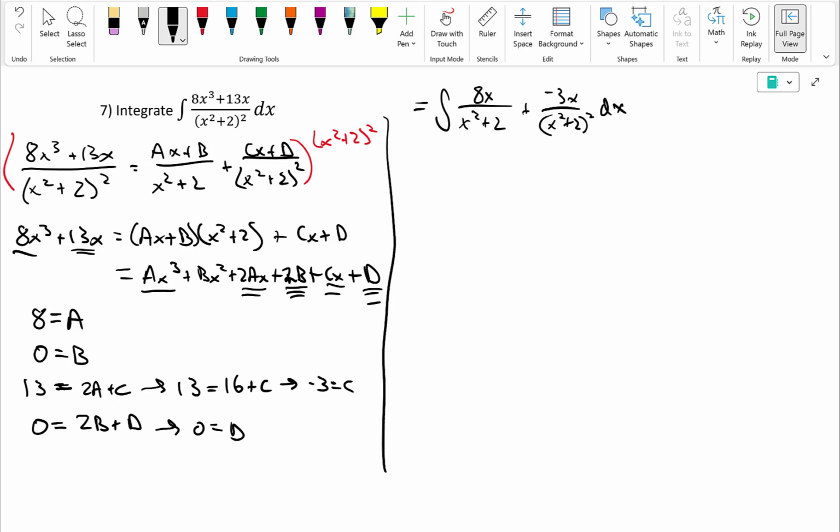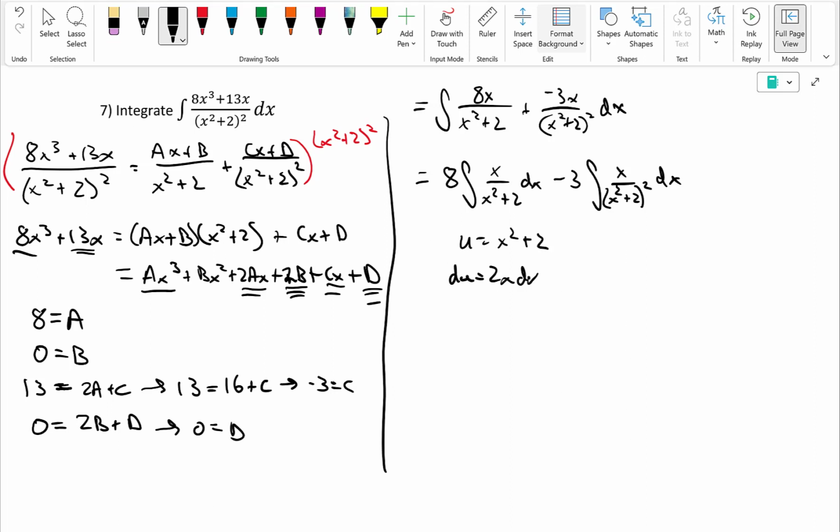All right, and just to make it easy, we can take the coefficients out front: the 8, integral of x over x^2 + 2 dx, and then a -3 times the integral of x over (x^2 + 2) squared dx. And even though one's squared and one's to the first, we can use the same u-sub for both. So u equals x^2 + 2, du equals 2x dx, or because we pulled out those constant factors, du over 2 equals x dx.